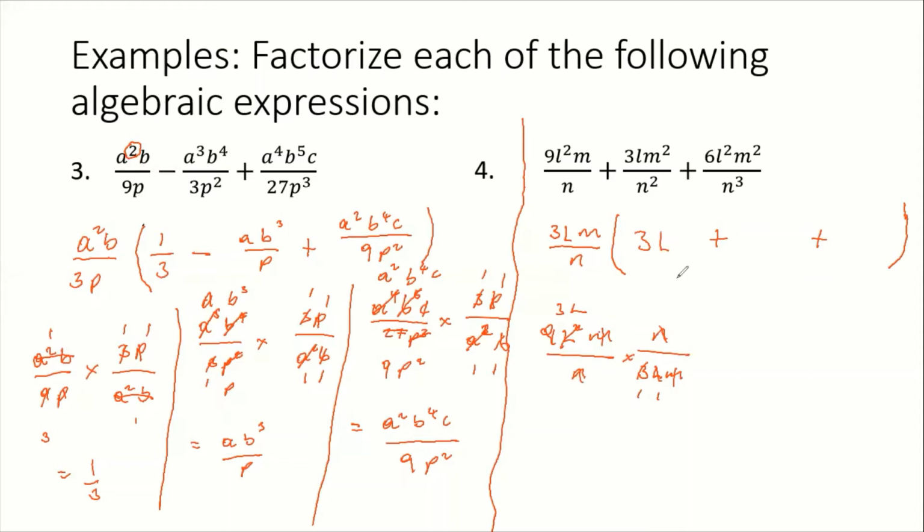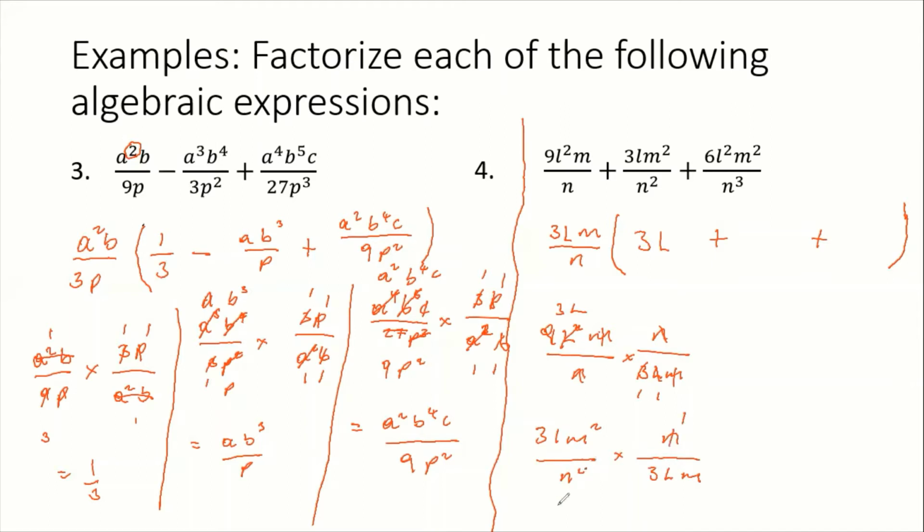right? To get the second term, it's the same idea. So we're going to put 3L M squared all over N squared multiplied by the inverse, which is just N all over 3LM. Then N into N, that's 1.